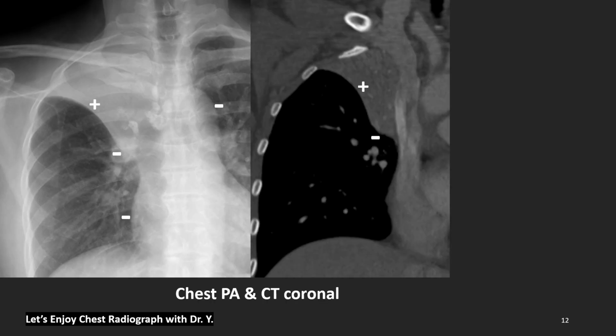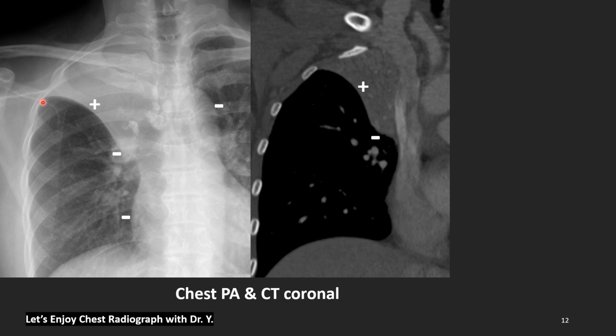I think we are all familiar with this film. This is the famous image of right upper lobe collapse with the more famous sign of inverted S sign, proximal convexity, bulging, distal concavity of collapse.